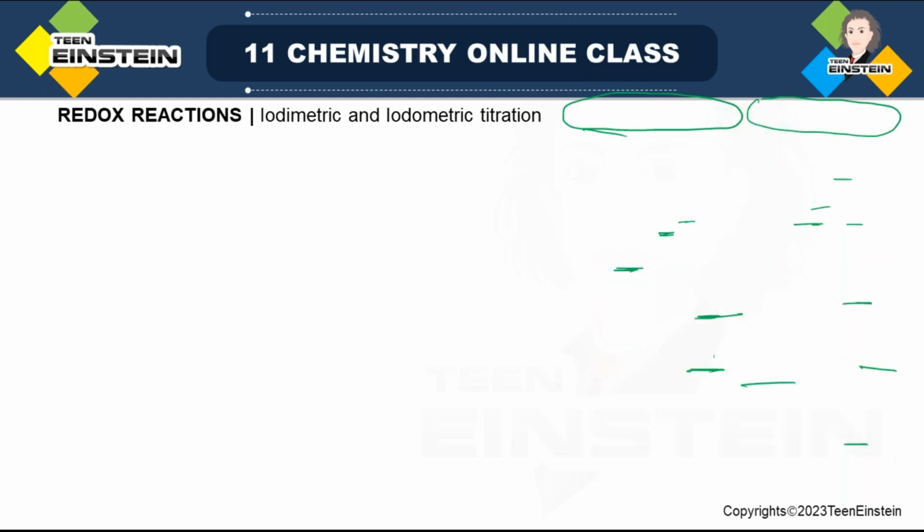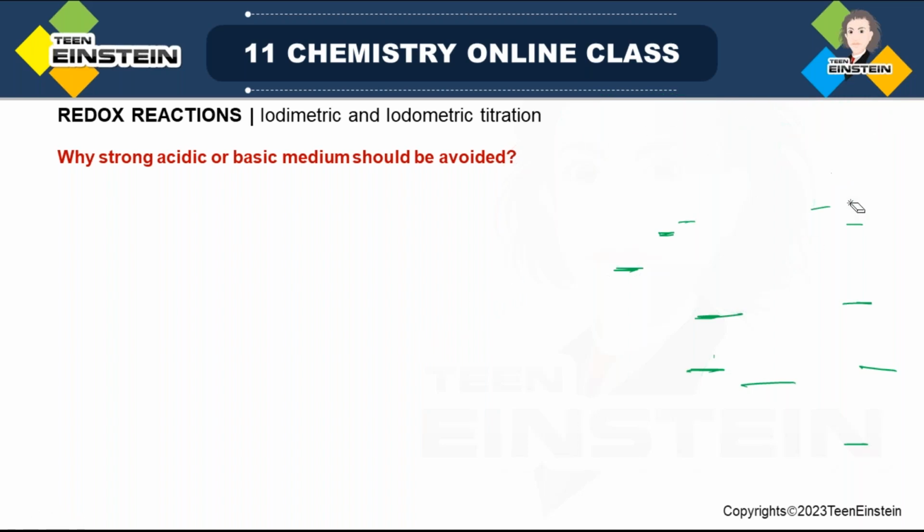Now, we will see why strong acidic medium or strong basic medium we should avoid. Suppose it is a very strong medium, the first problem that arises is that starch, which we use as indicator, has a tendency to hydrolyze.